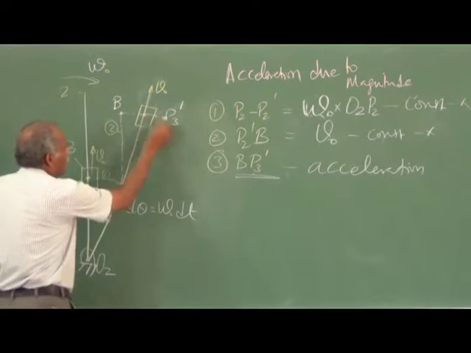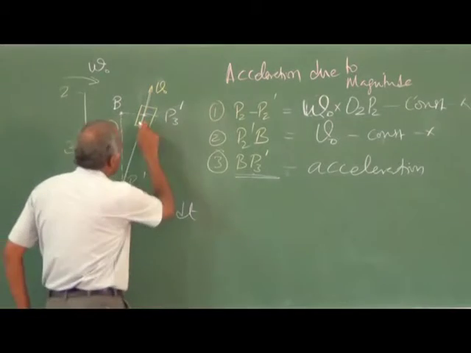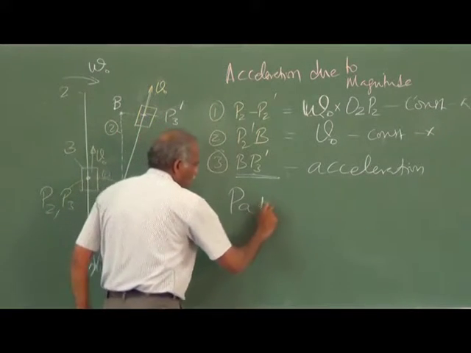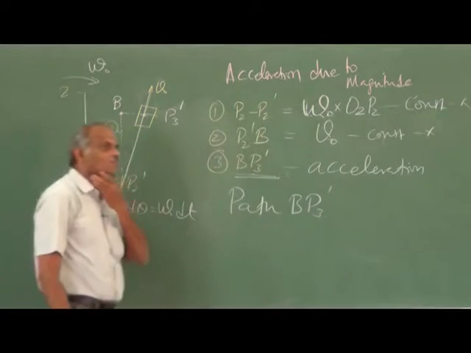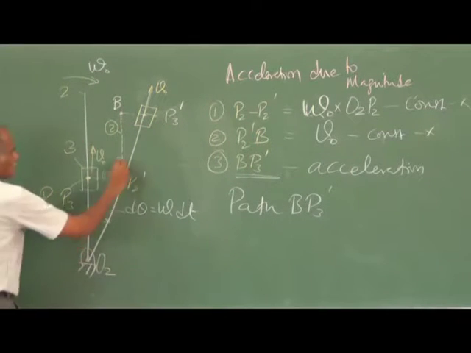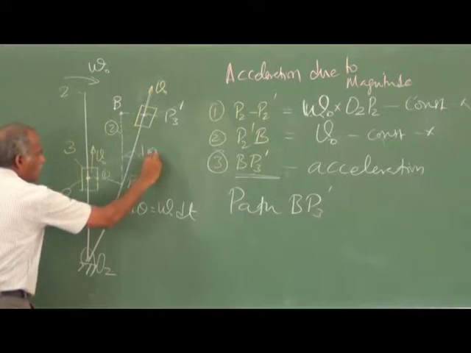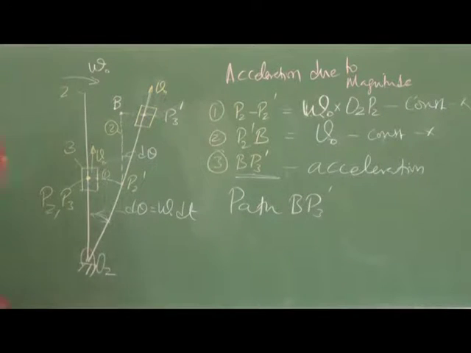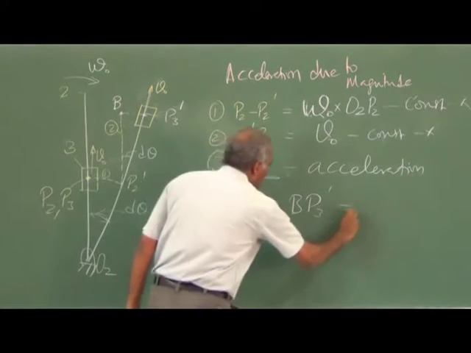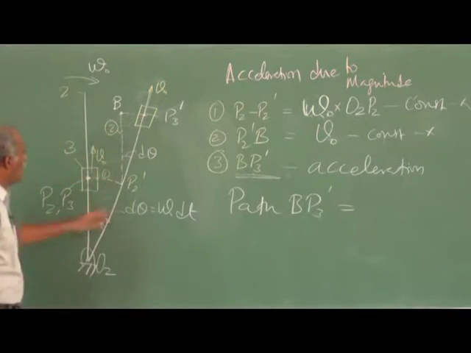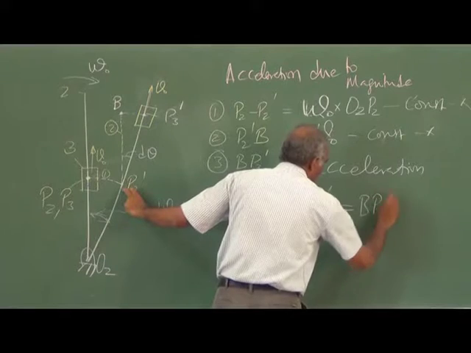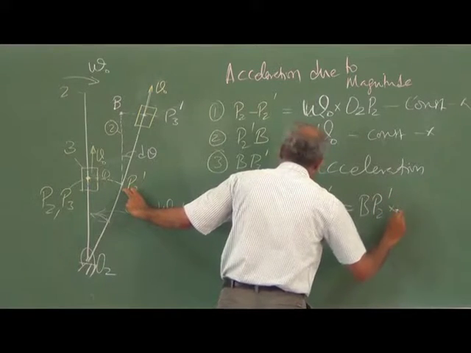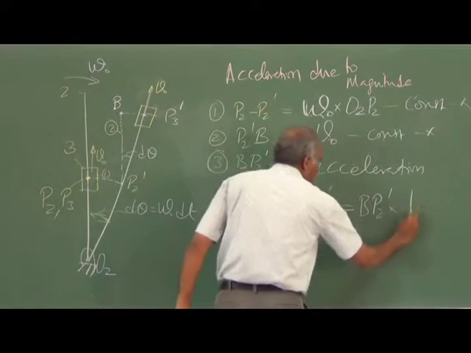So what is BP3 dash? If I take the path, so this also will be equal to d theta. So path BP3 dash is given by BP2 dash into d theta.